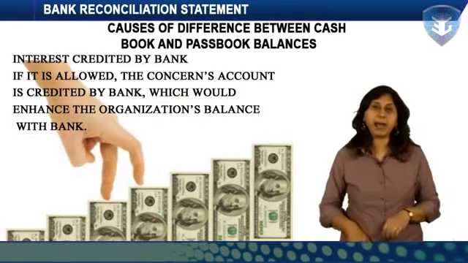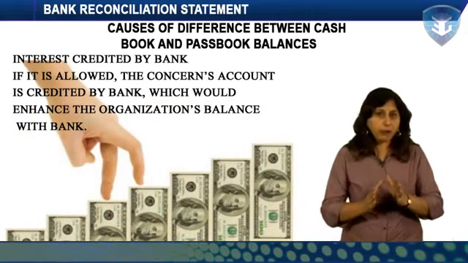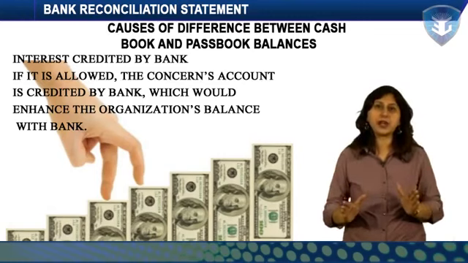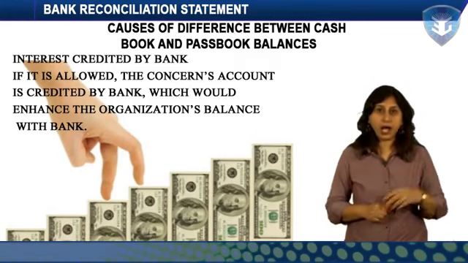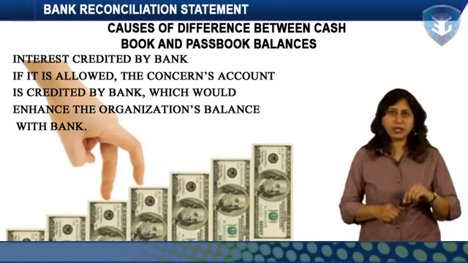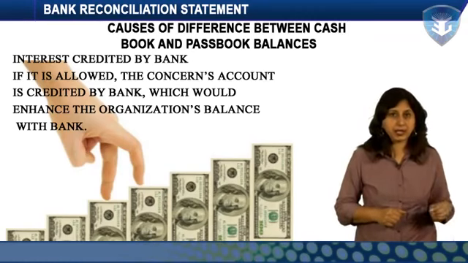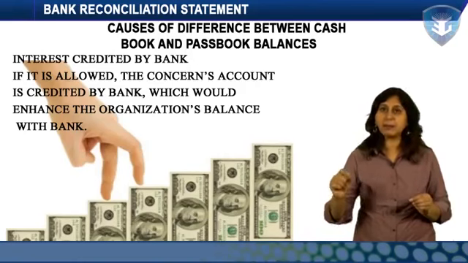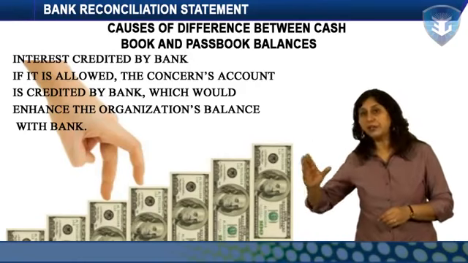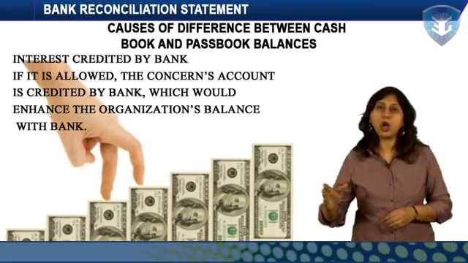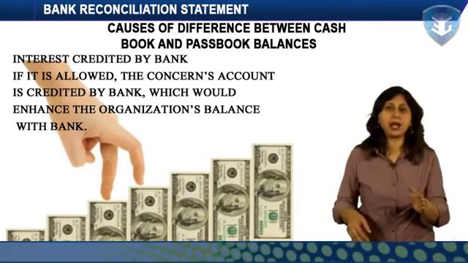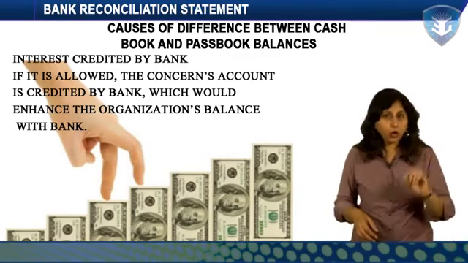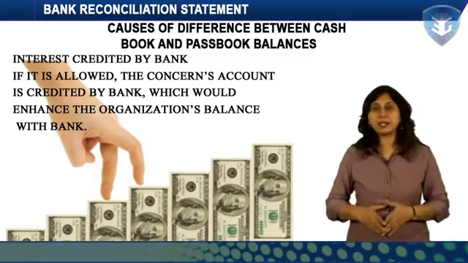Interest credited by bank. Banks normally do not allow any interest on current accounts. However, if it is allowed, the concern's account is credited by bank, which would enhance the organization's balance with bank. On the other hand, the organization would record it on the debit side of the bank account in the cash book only when the bank statement is received.